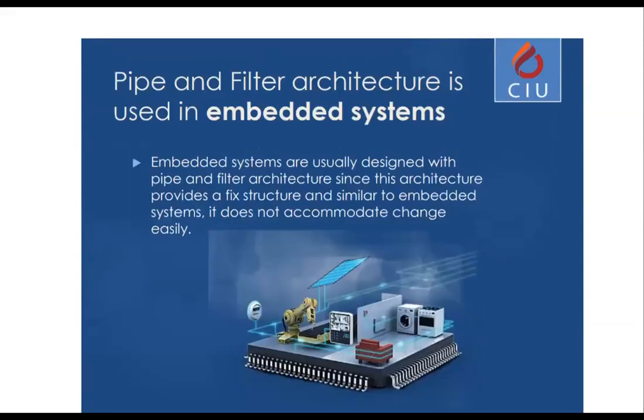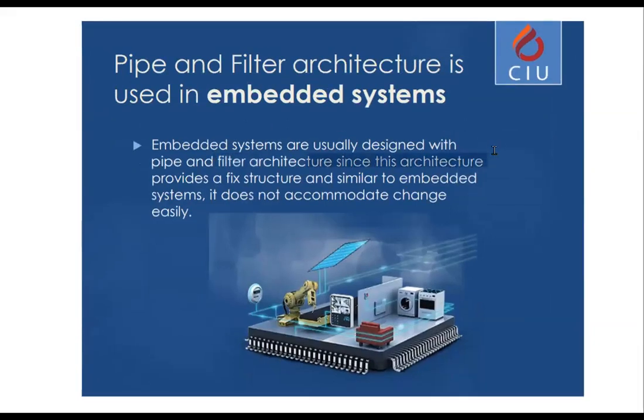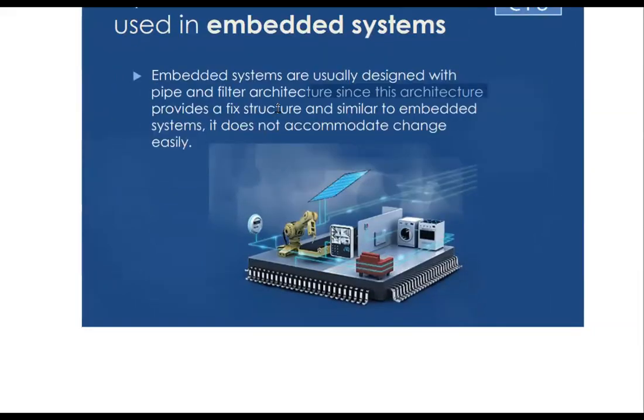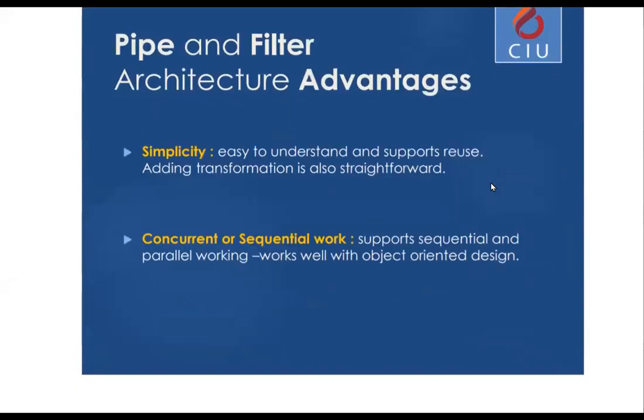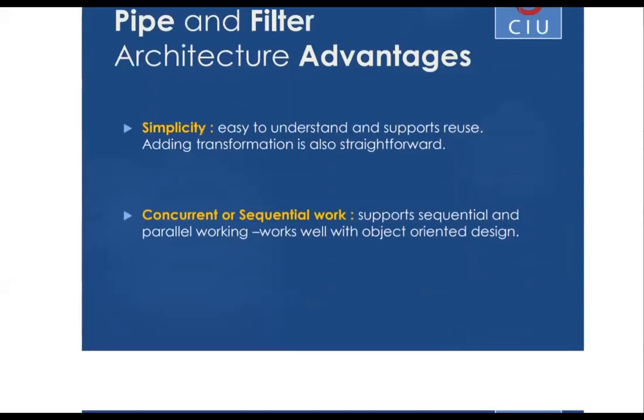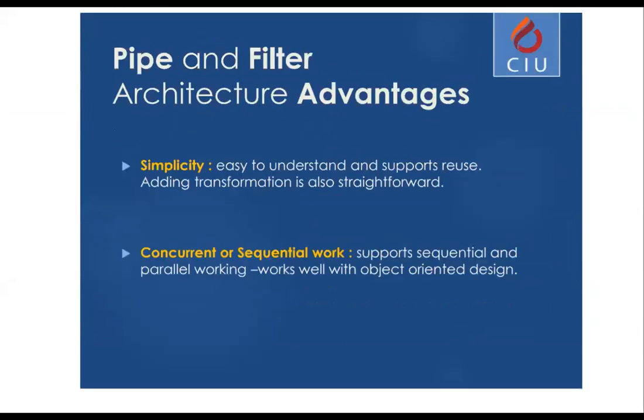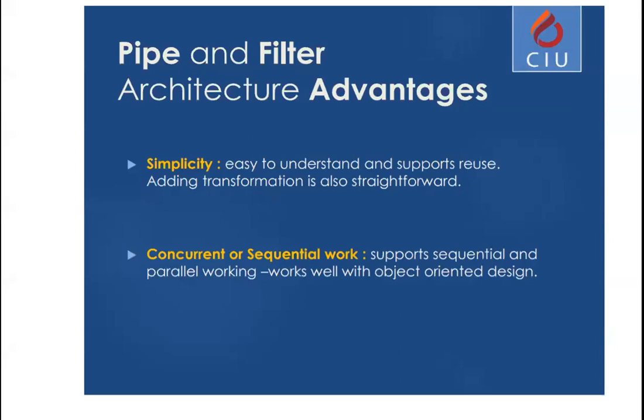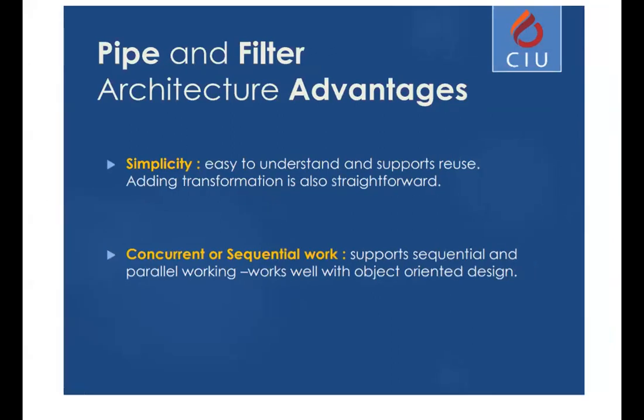Embedded systems are usually designed with pipe and filter architecture since the architecture provides a fixed structure similar to embedded systems. So what we know from this is that the pipe and filter architecture is easy to understand, support, and reuse because the data is always handled sequentially, while there is some parallel working.